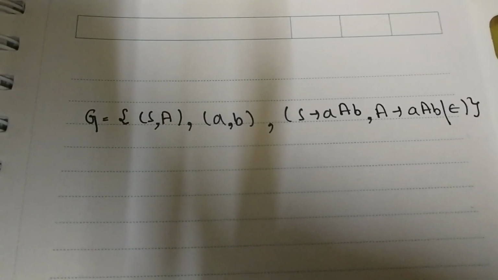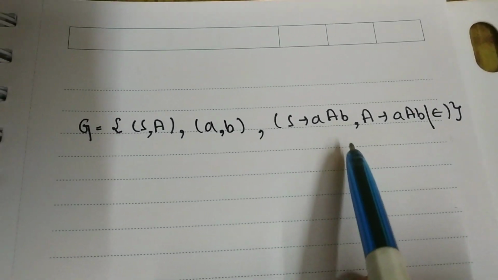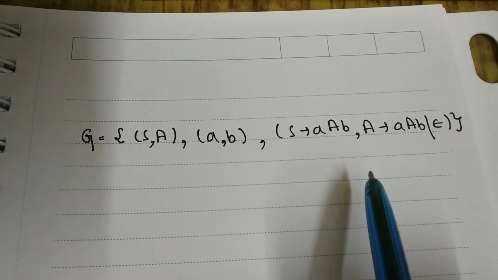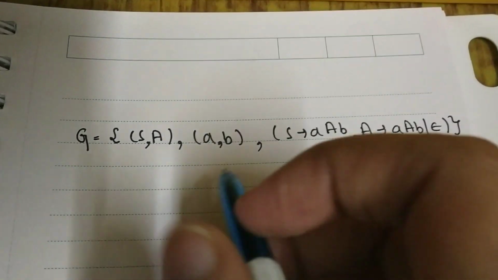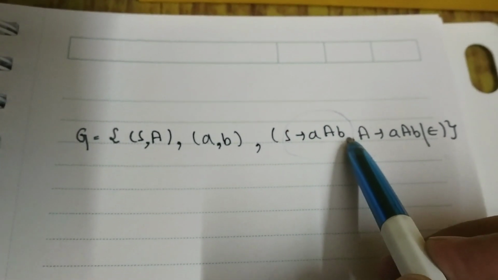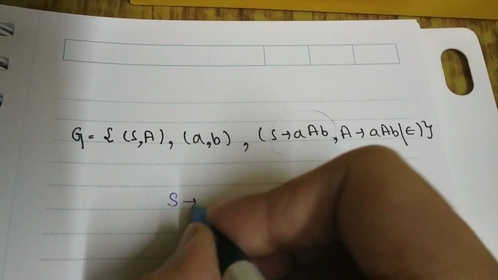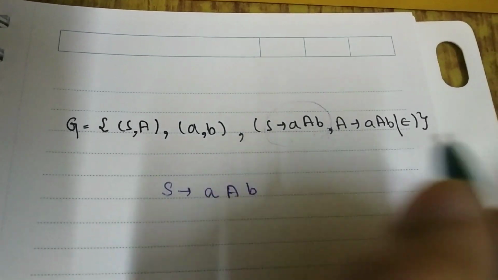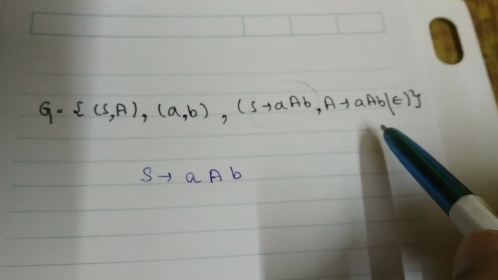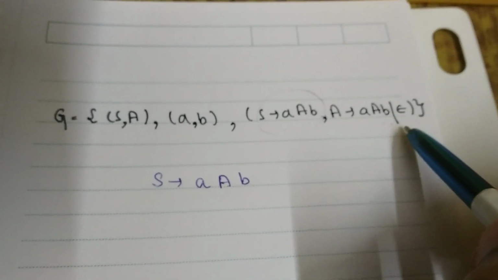Now, let's see whether the context-free grammar is generating the language of the form A raised to the power n, B raised to the power n. I will start with the start symbol, and the production is S implies A, capital A, B. Now, as you can see, I can replace capital A with either A, capital A, B or epsilon.